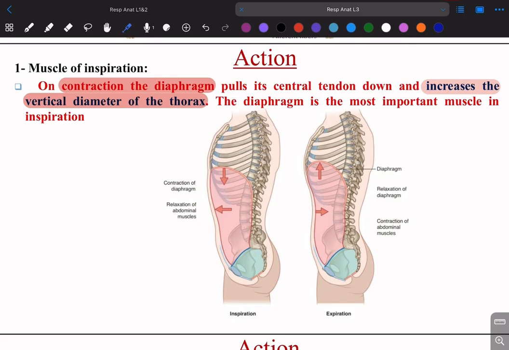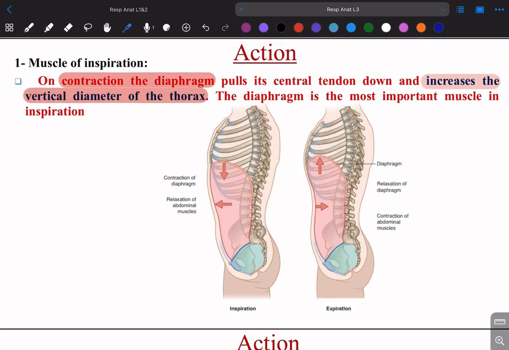When the diaphragm contracts and goes downwards, what happens? The thoracic cavity increases its vertical diameter. And what happens after that? When the vertical diameter of the thoracic cage increases, what happens to the abdominal cavity? Its diameter decreases, right? It becomes smaller because the diaphragm pushes against the abdominal cavity.